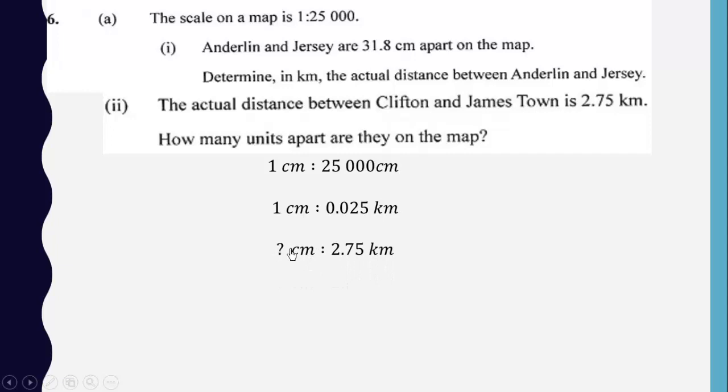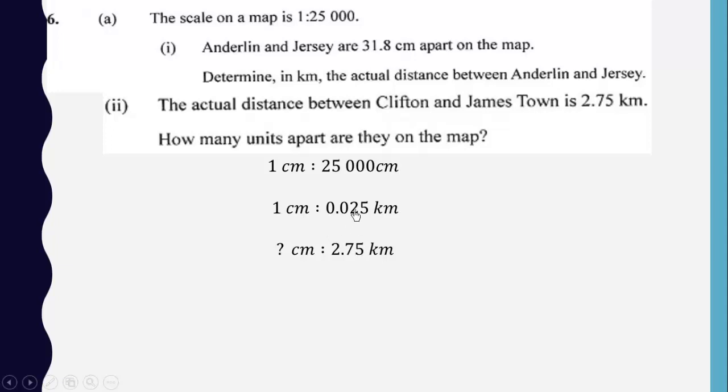The actual distance is 2.75 kilometers. We don't know the map distance. So we just compare it to this. If 1 centimeter corresponds to 0.025 kilometers, then 2.75 kilometers, will it be more or will it be less?